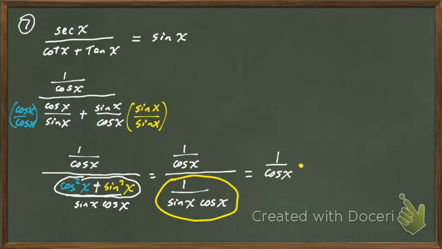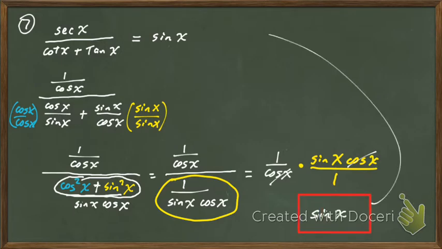You would multiply by the reciprocal, or if you went to Pioneer, they might have called it stay, change, flip. Sine times cosine all over 1. One of these cosines cancels, leaving me sine of x over 1, which I hope matches the answer.